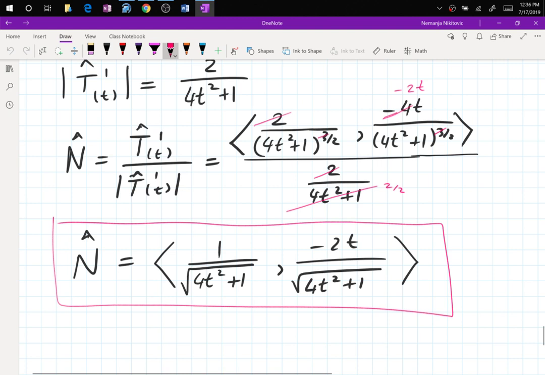So that's curvature and normal vectors. And this concludes everything that we need to know for the first part of Calc 3. Now, you have the exam next week on Tuesday, so all of these will be featured on the exam.